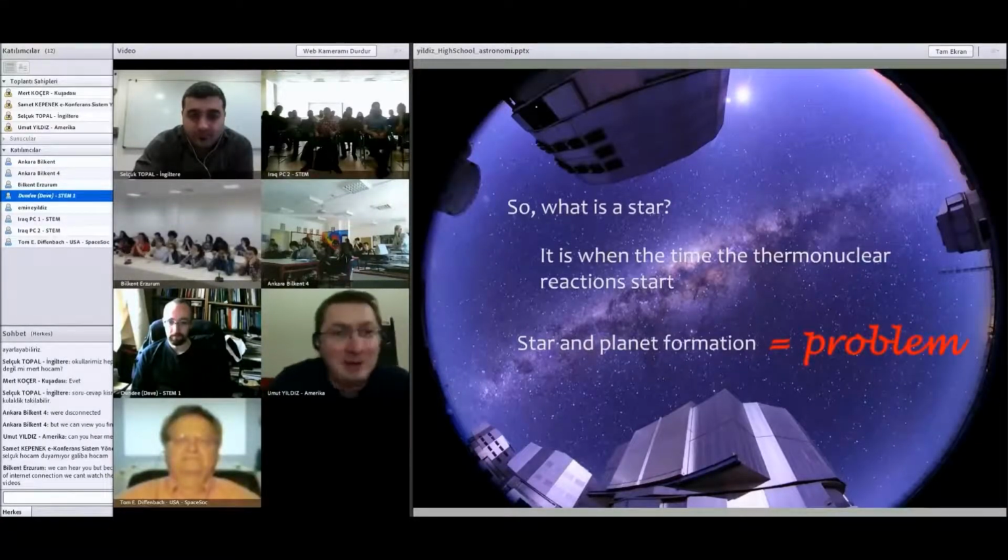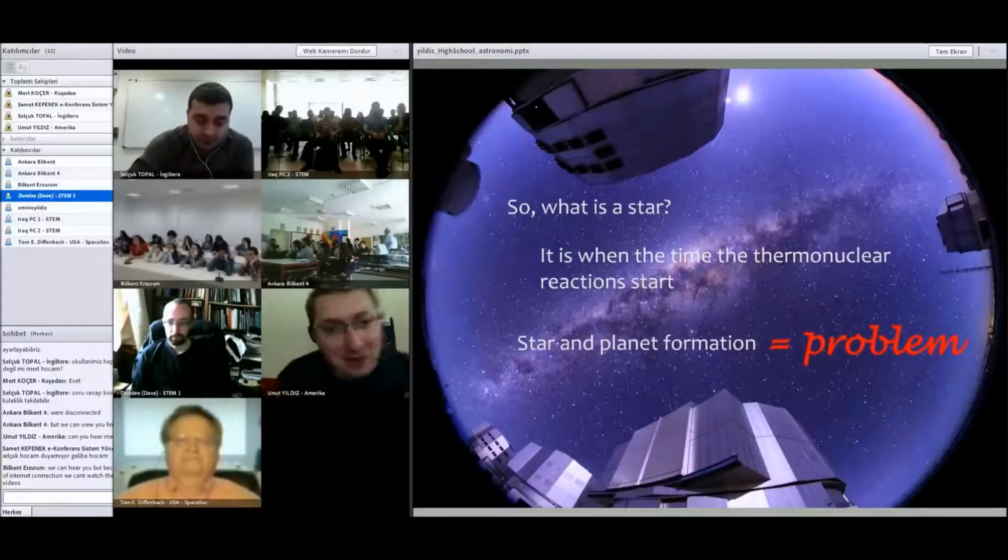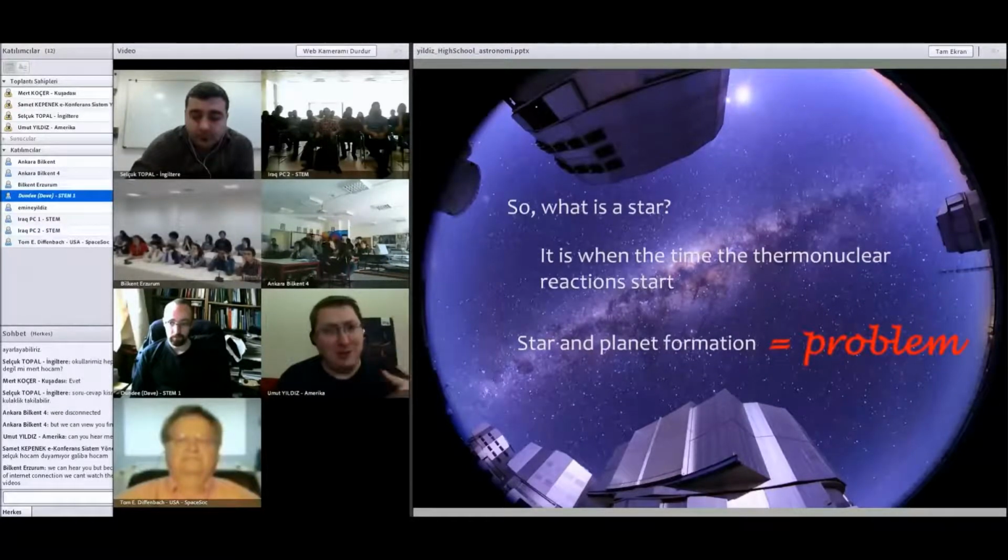Think about this like a baby in the womb. The baby takes something like 9 months to grow, and in these 9 months, the baby feeds from the mother, breathes, and gets water and all the liquids from the mother, so it's not self-sustained. You can compare it with star formation: the star is actually forming. When the baby is born, it can breathe and eat from the mouth. It can self-sustain, live by itself.